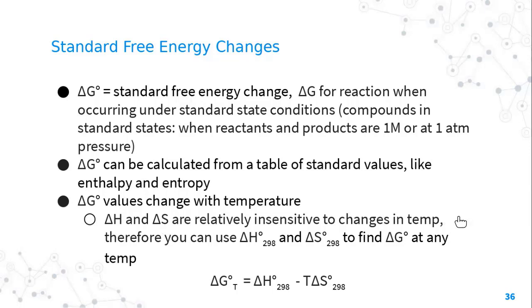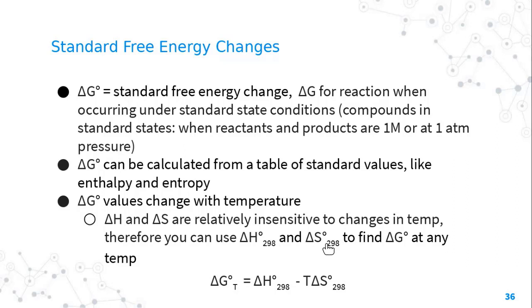And so the values that you see in the chart are going to be pretty constant over a large range of temperature values. So basically, you can use your standard delta H and your standard delta S at 298 Kelvin, which is 25 degrees Celsius, room temperature, your most basic temperature, basically.